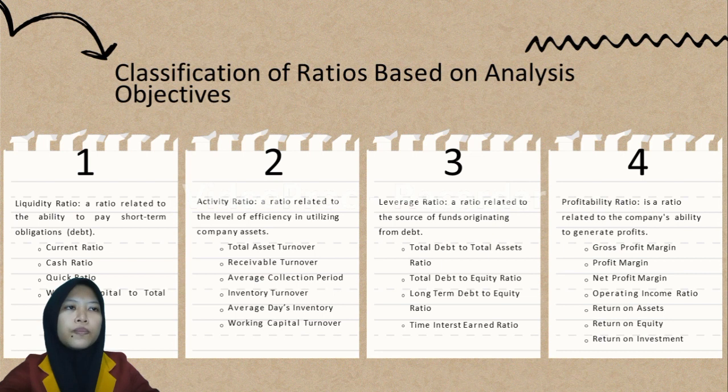Profitability ratio is a ratio related to the company's ability to generate profit. Gross profit margin, net profit margin, operating income ratio, return on asset, return on equity, return on investment.